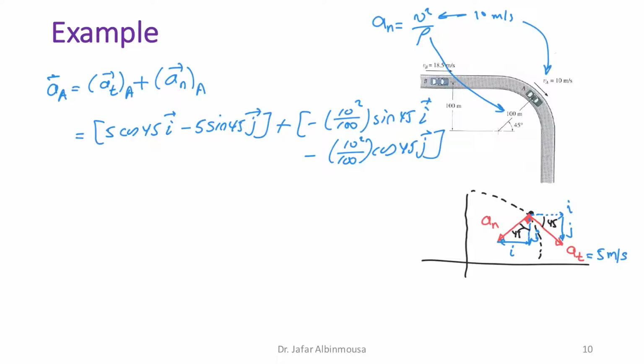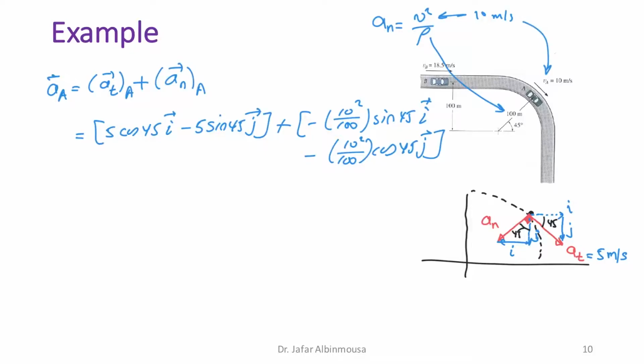For the normal acceleration, we have, as we said, 10 square over 100. Now, i is going in the negative, and it is the sine of the angle here. So this is negative sine 45 i, and we have j, the cosine of the angle, and it is minus because this component is also negative.